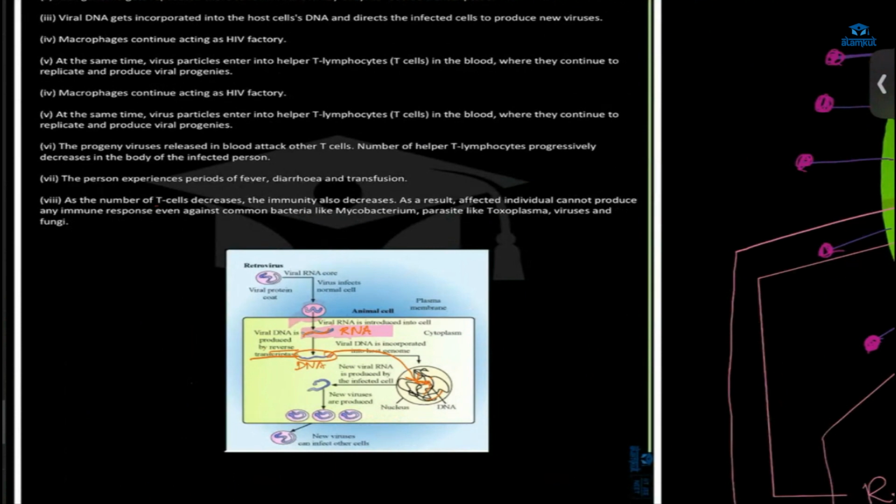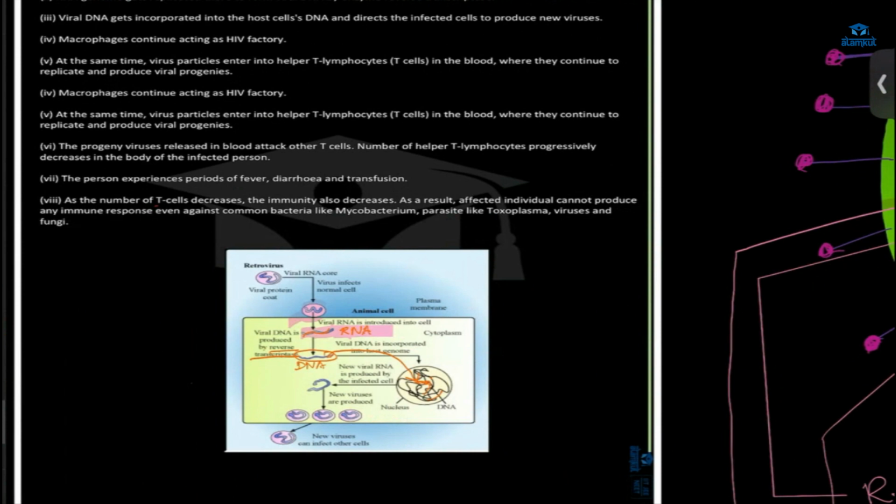It will act as an HIV factory. After that, some of these viruses will start infecting the helper cell. There is not much damage to the macrophages, it is only acting as the HIV factory. But the helper cell, right?